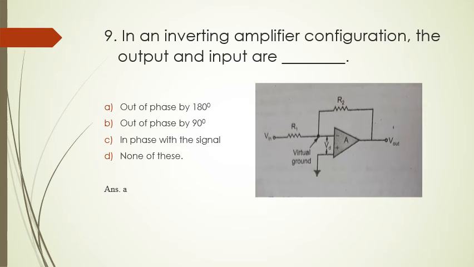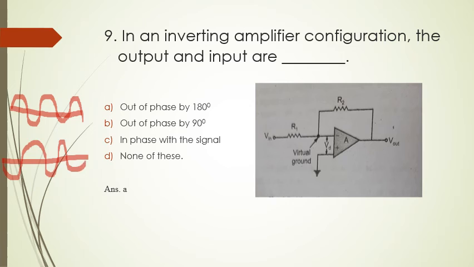So if the input is going in the positive direction, I can show you the waveforms. If you are applying the input like this, in the positive direction, then at the output you will get the waveform starting from the negative side.